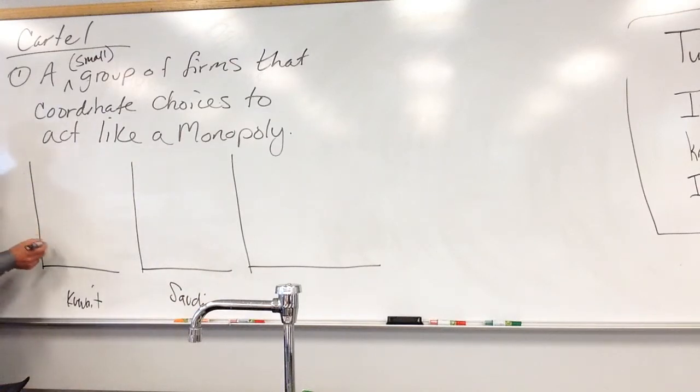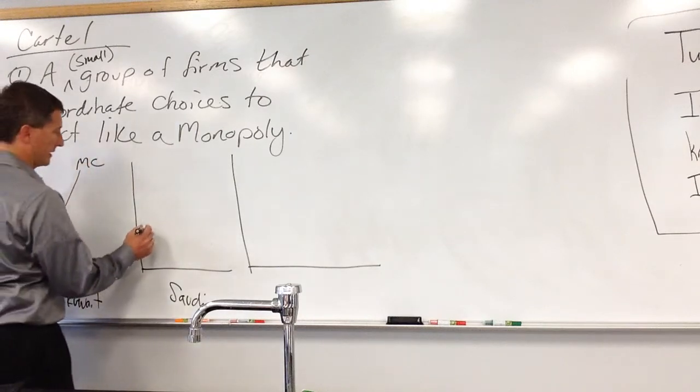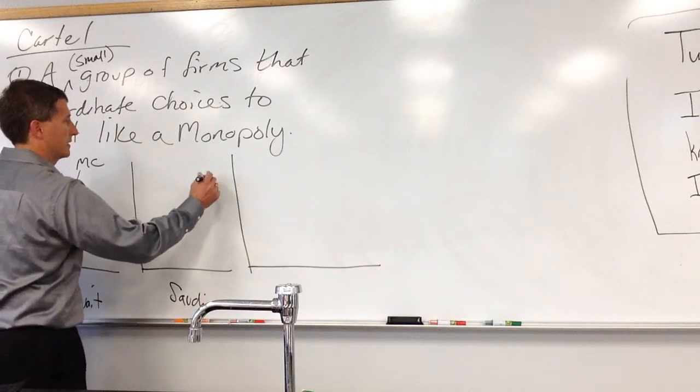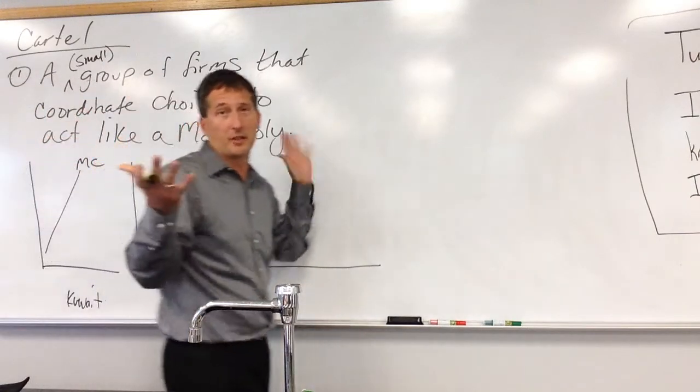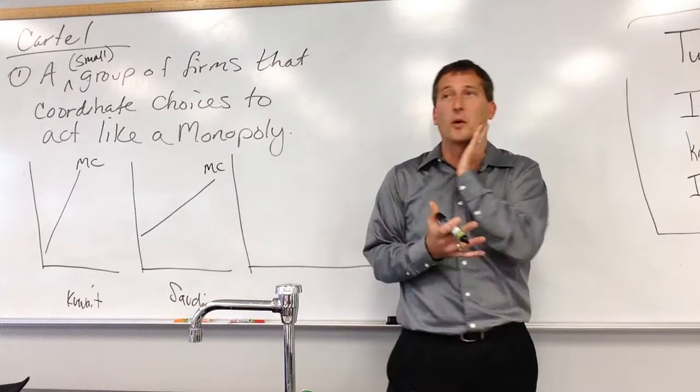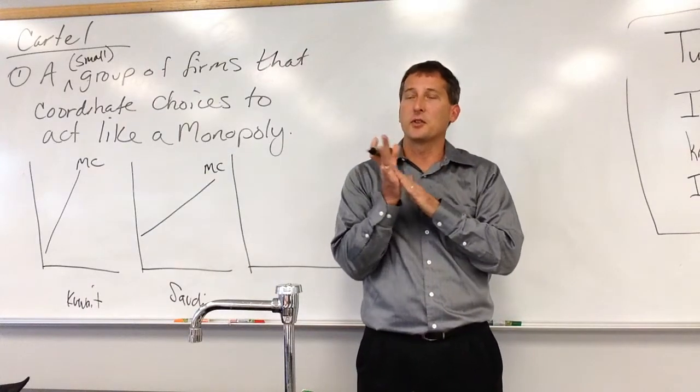And each one of them has some sort of marginal cost of getting the oil out of the ground. So let's say Kuwait looks like this, and maybe Saudi looks like this. But since each one is in a different geographic location, the cost of getting oil out of the ground differs.